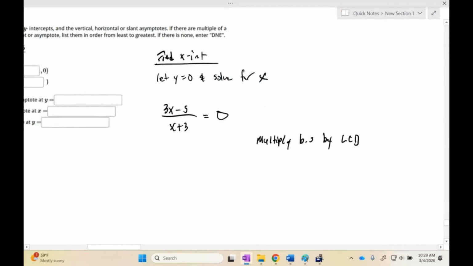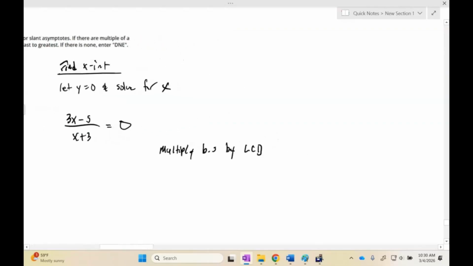On my left-hand side I have a fraction whose denominator is x plus 3. On my right-hand side I have a 0, and the denominator is 1. The least common denominator between x plus 3 and 1 is x plus 3. So I'm going to multiply both sides by the LCD, which is x plus 3.